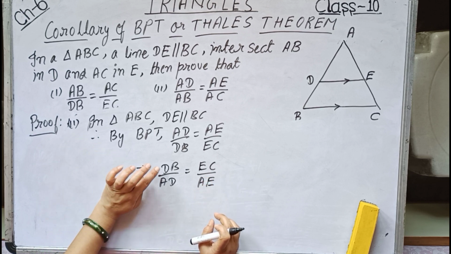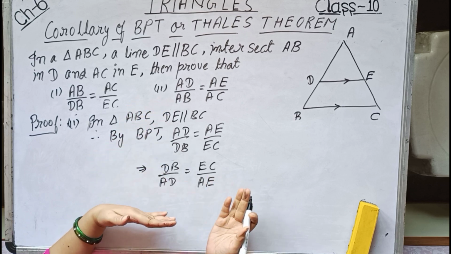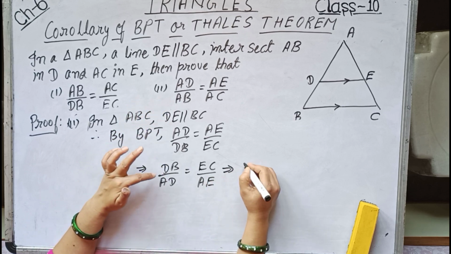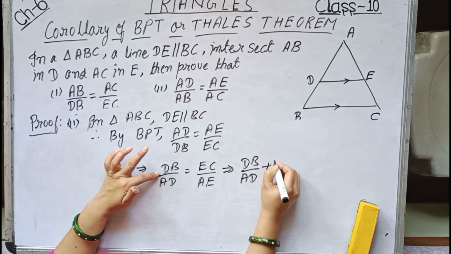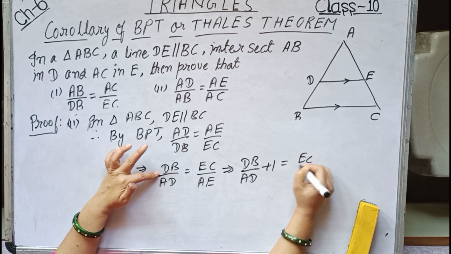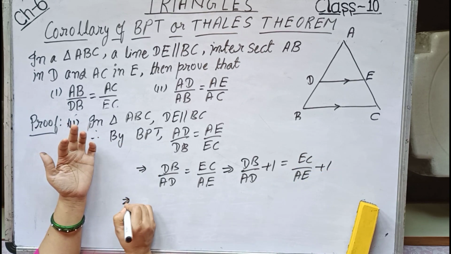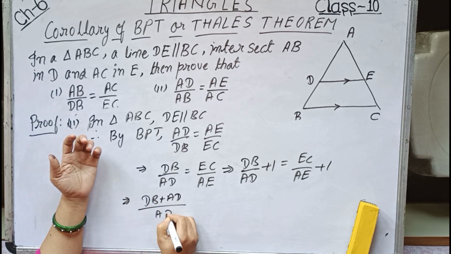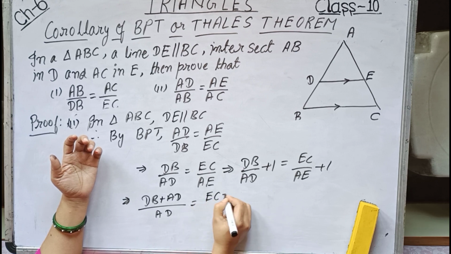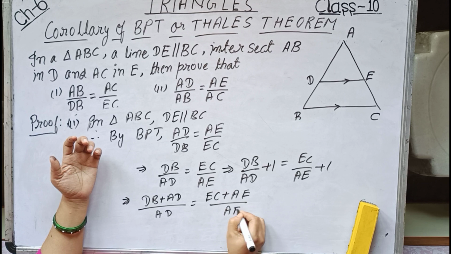Now this DB has to be changed to AB, so obviously we will add 1 to it. So DB by AD plus 1 equals EC by AE plus 1. This implies DB plus AD by AD equals EC plus AE by AE.